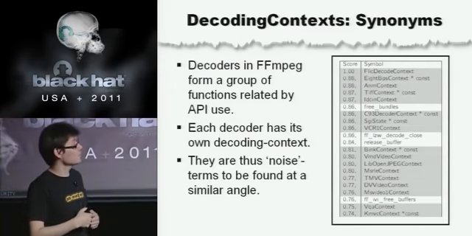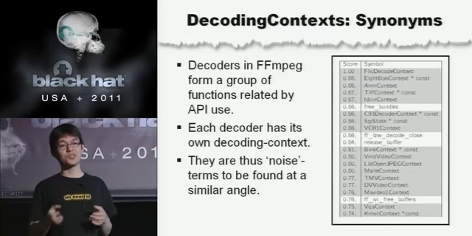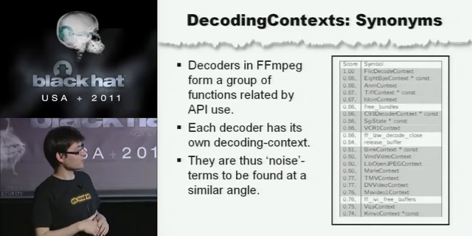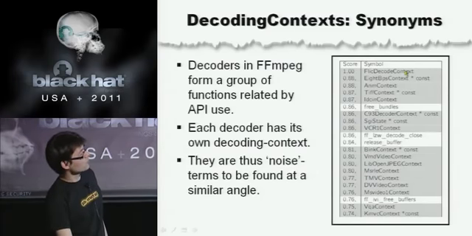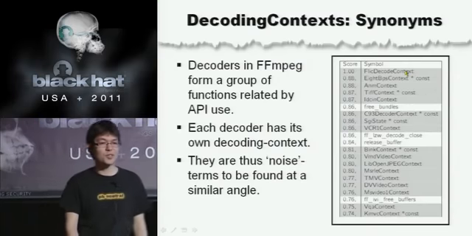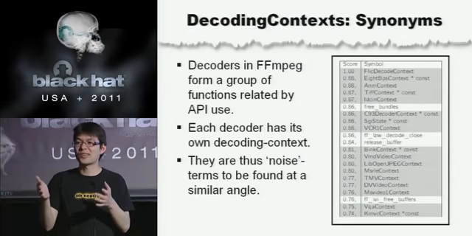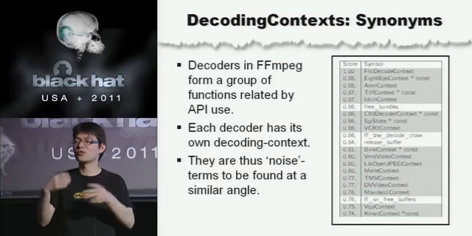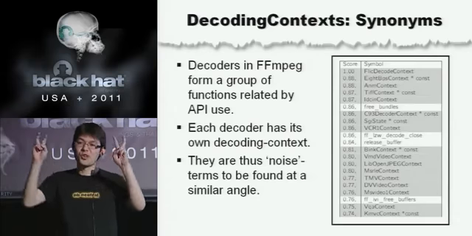And each of these has a so-called decoding context, which saves the state of the decoder. So we would suspect that if we were to use one of these decoding contexts, like flick decode context, for example, the method should tell us that there are a lot of other decoding contexts just like that, because decoders use the same API, so these are pretty much synonyms.